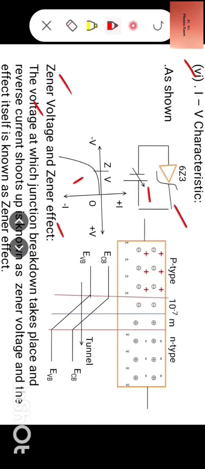Okay, now look at the characteristic. Now here Zener breakdown takes place, that is, a reverse current shoots up. So this voltage is known as Zener voltage, and the effect of breakdown of junction is known as Zener effect.